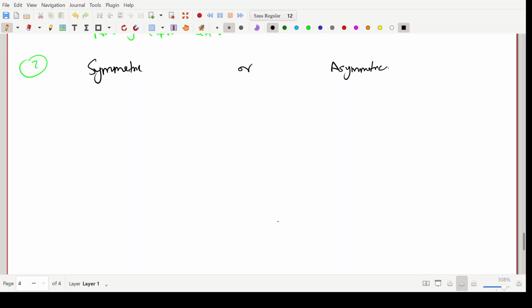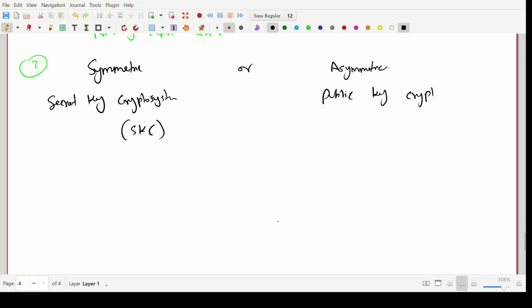Another name for this is secret key crypto system, also called SKC, and this is called public key crypto system, that is called PKC. Okay. So this classification is on the basis of your encryption and decryption key, which we had talked about.